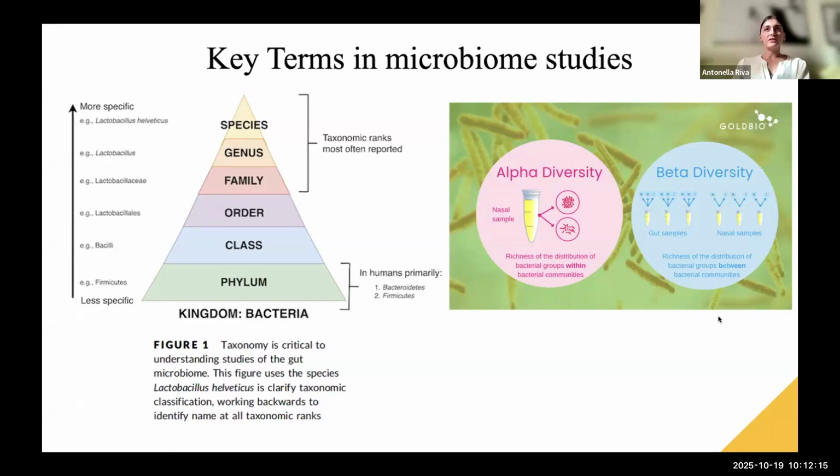There are also two other concepts that are really important when we speak about the gut microbiota: alpha diversity, which is the different bacterial populations that you can find inside the same sample, and beta diversity, which is the differences in bacterial populations that you can find in different samples.